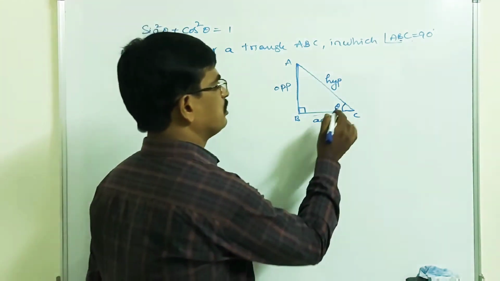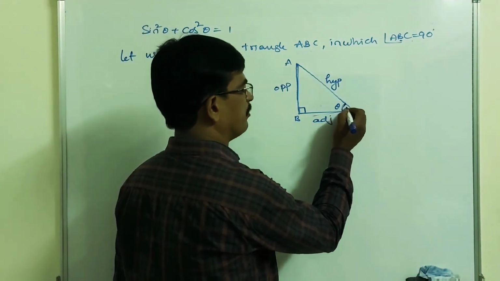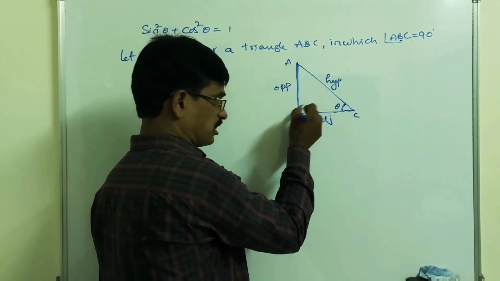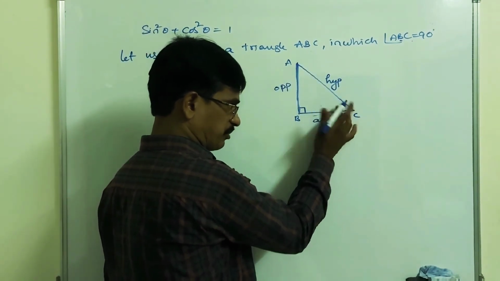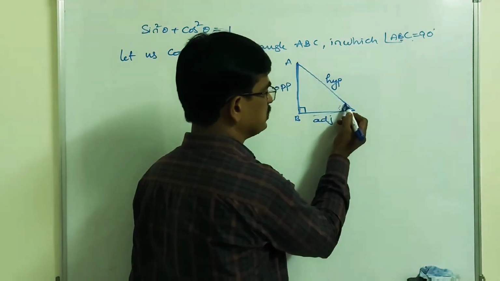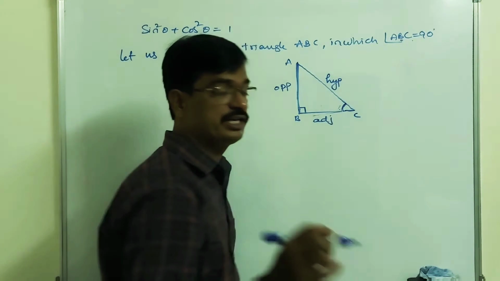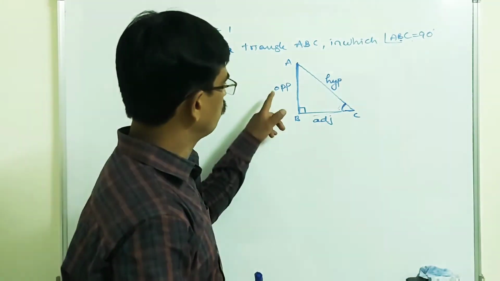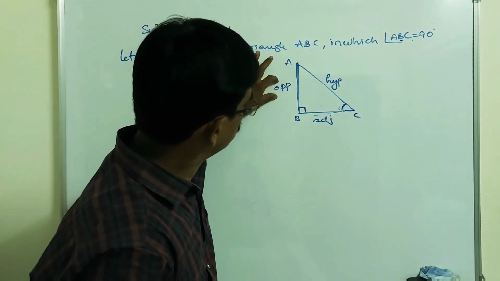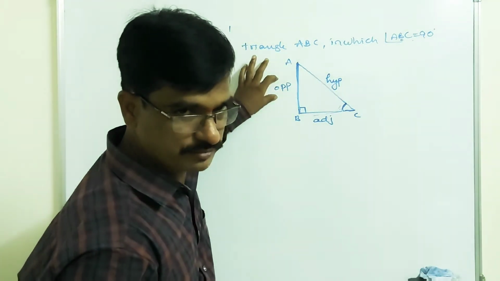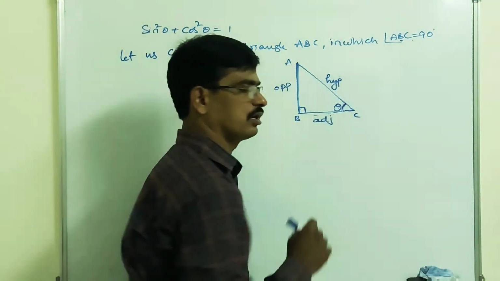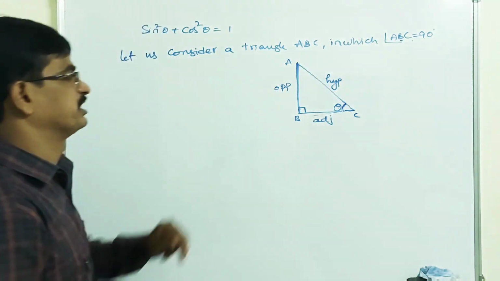Then wherever theta is marked, the side opposite to it is called the opposite side. In some sums it is not mentioned, they simply mark at one of the vertices. Then you have to take the side opposite to this marking position, or opposite to theta, as the opposite side. Remember it.